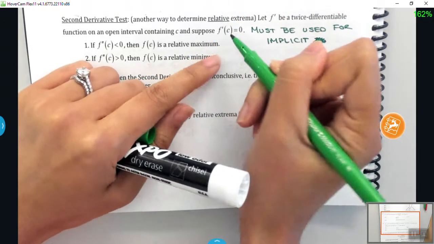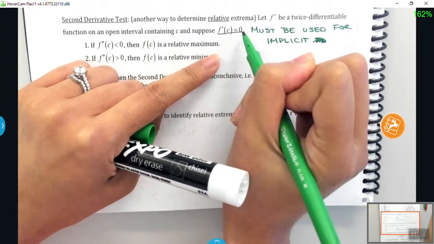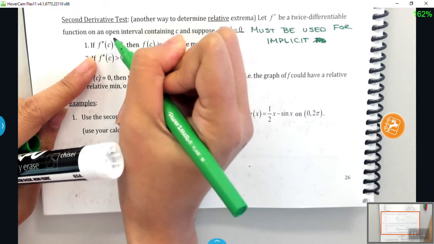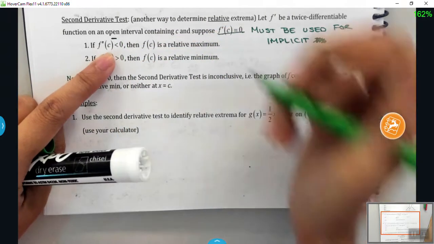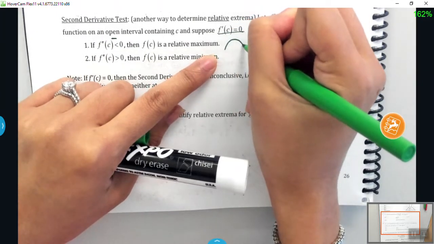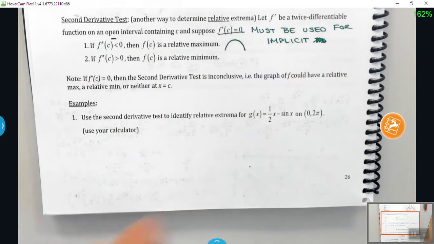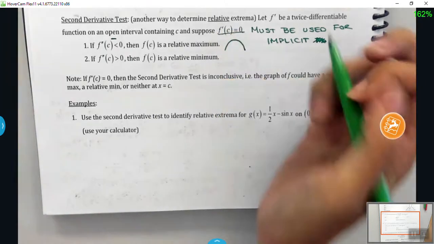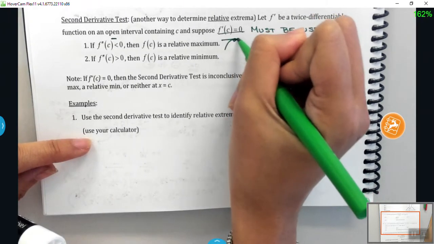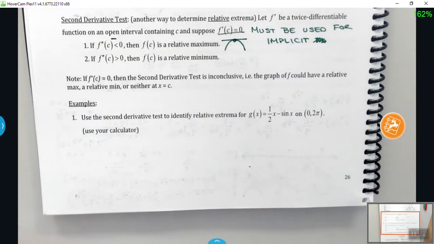So what it says is if your first derivative is 0 and your second derivative is negative, then you have a concave down graph, right? Your second derivative is negative, means it's concave down. Your first derivative equals 0 means you have a horizontal tangent line, and the only place that I can have a horizontal tangent line and a concave down graph is where I hit a maximum.